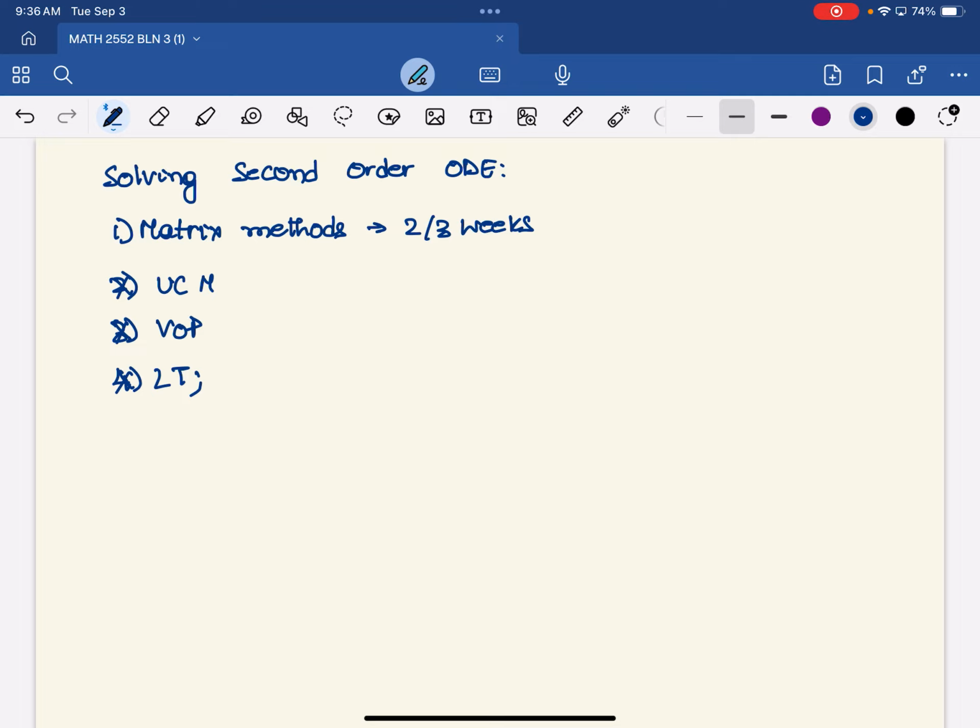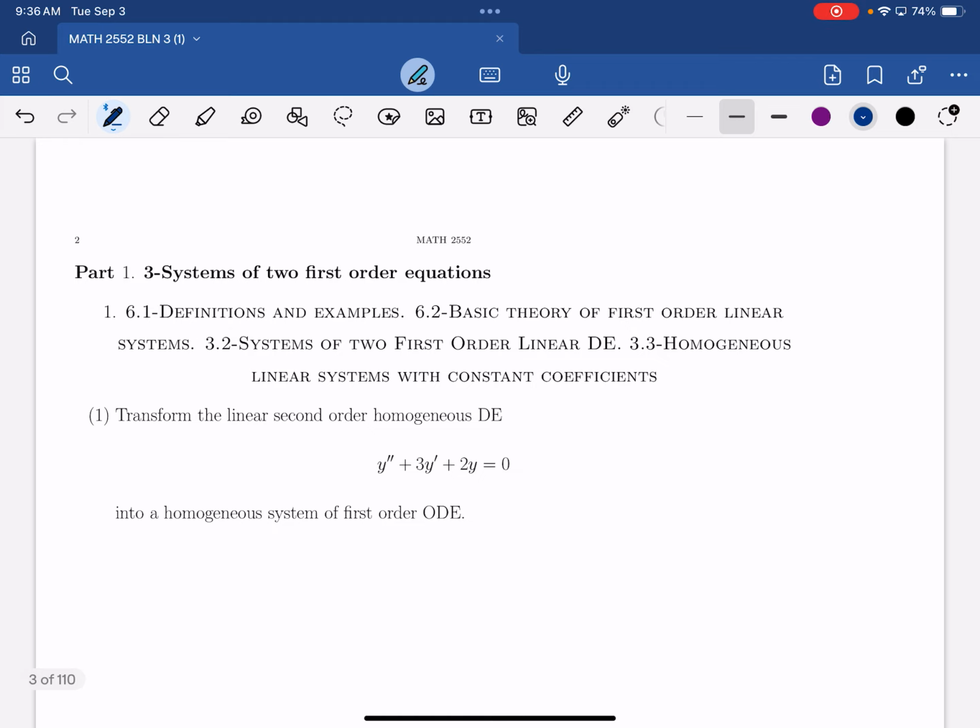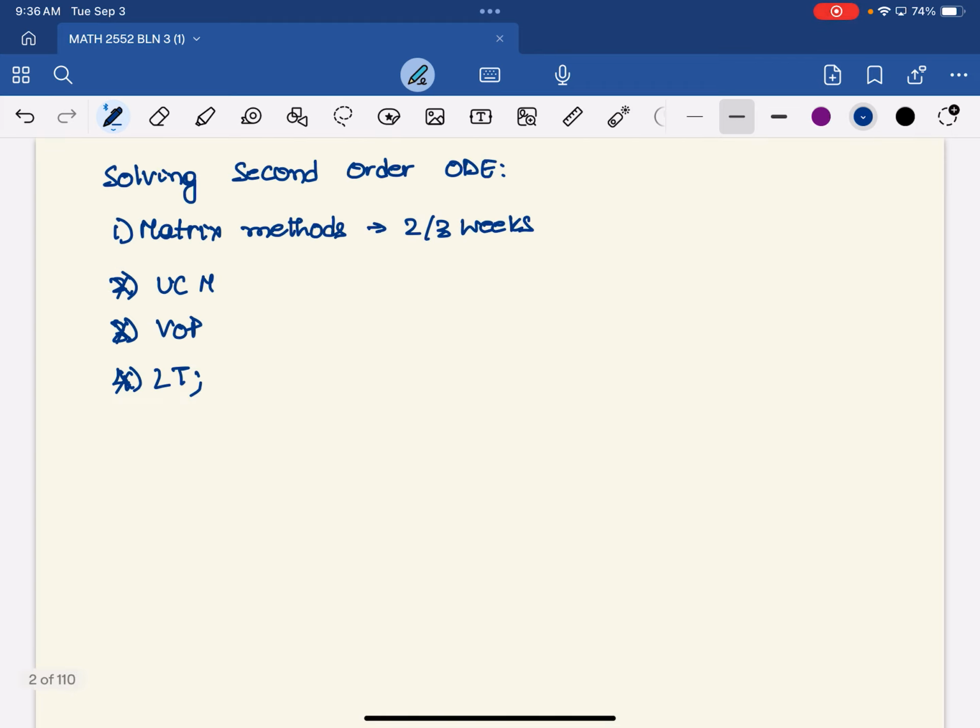Now, what is the problem? The problem is pretty much a problem like this: y double prime plus 3y prime plus 2y equals 0. This is in the form of y double prime plus p1 of t times y prime plus p naught of t times y equals q of t.